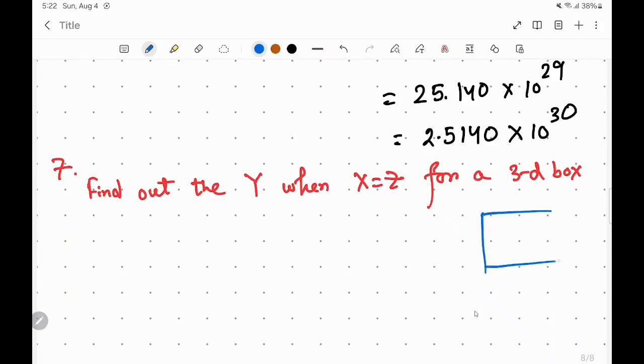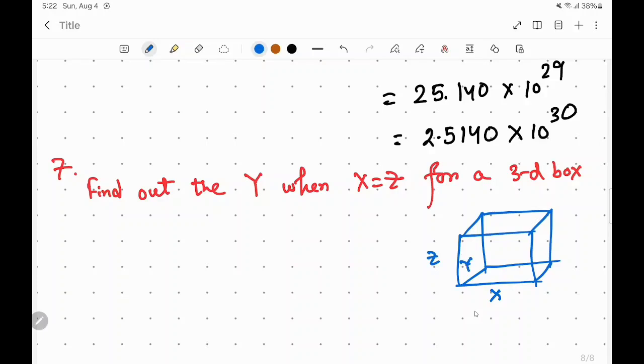The box has three edges. The length of one edge is x, one edge is z, and another one is y. So the three edges are different for that three-dimensional box.